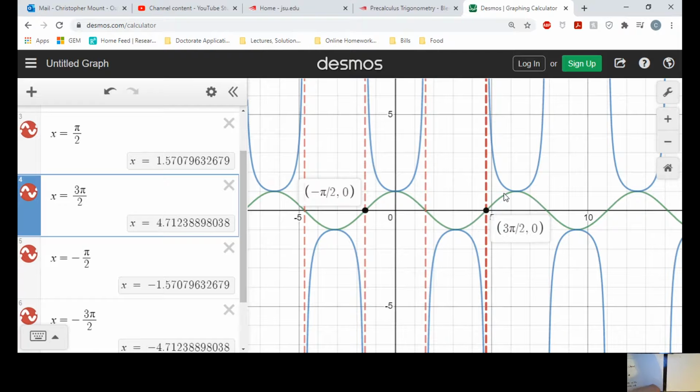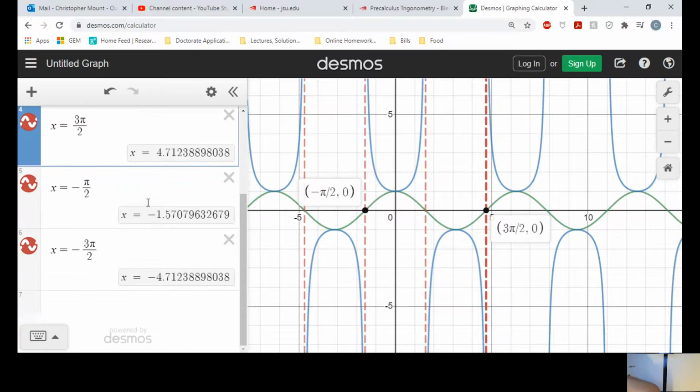Ooh, I just realized I need to make an adjustment to something else I said, but it's a small thing. That's okay. So a good interval to graph this on, unlike the other 3 functions we have so far, is not going to be just 0 to 2 pi. It's the same length, but we're going to want it from negative pi on 2 to 3 pi on 2. Now, why does it matter?